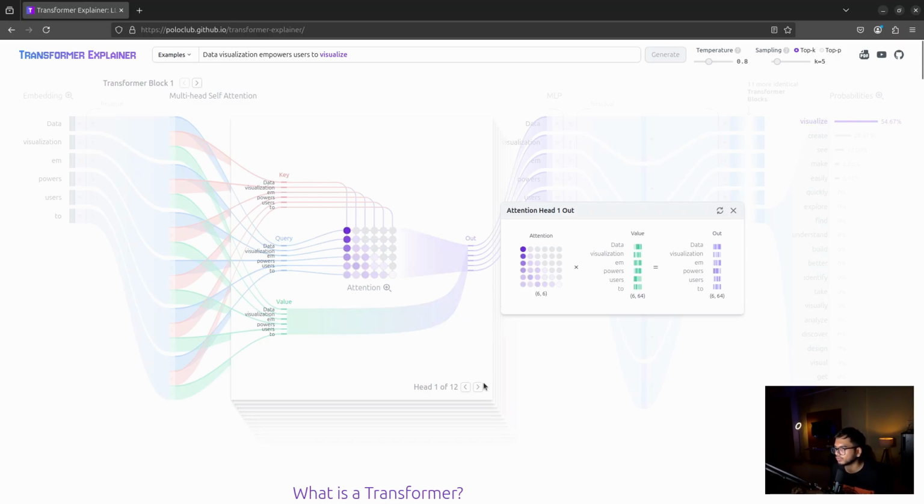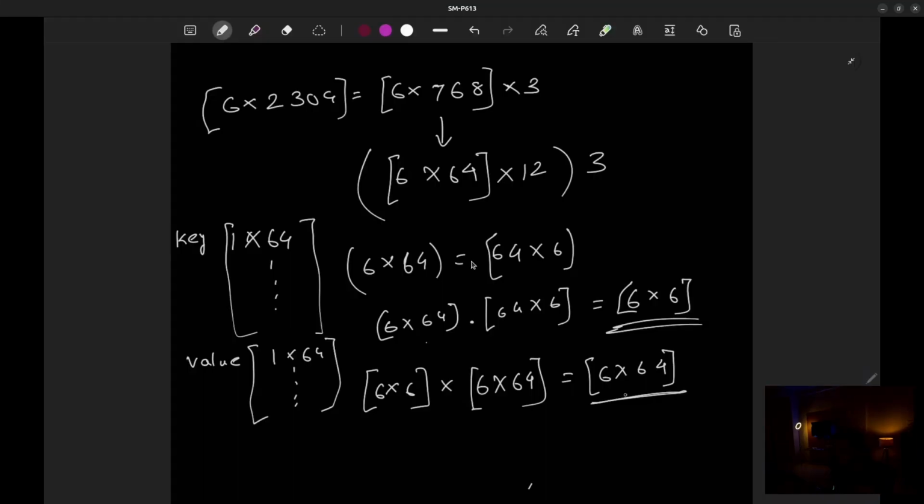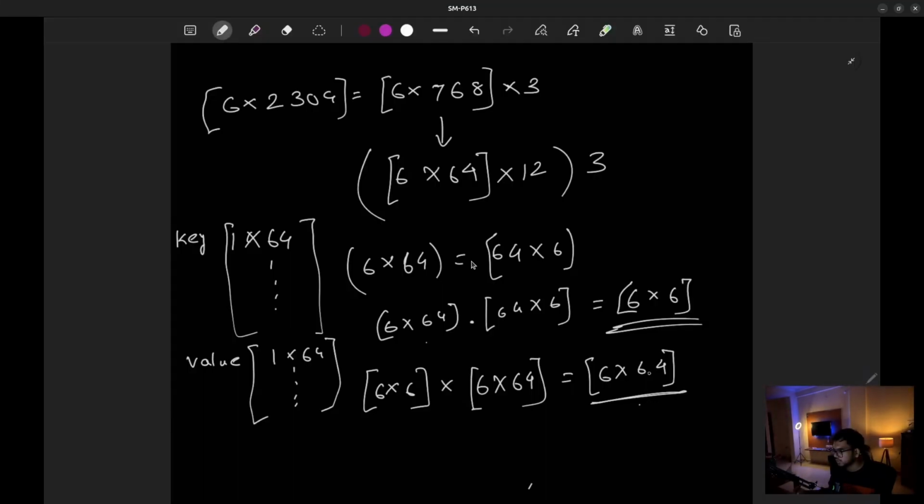Similarly, we will have the information for each head, and each head will give us different vectors, 6 into 64, as we have seen here. So 6 into 64 means 1 into 64 for each token.